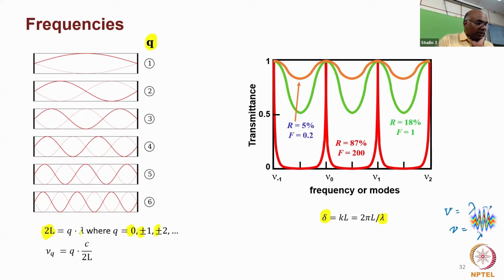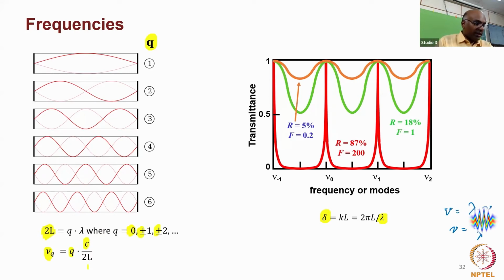Now, if I convert the wavelength into frequency, then nu sub q, that is nu 0, nu plus 1, nu minus 1, nu plus 2, nu minus 2, and so on, is q times c, the speed of light in vacuum, by which we make the implicit assumption that the medium in which the wave was propagating is vacuum, which is different from the scenario we considered.